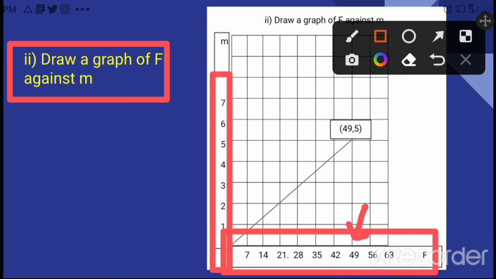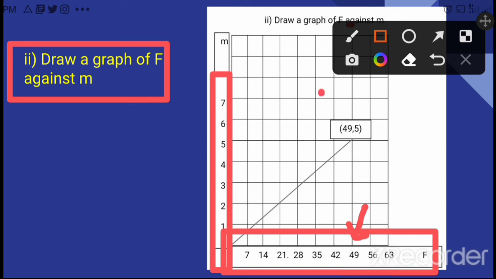In the question, the value of M is given as 5. So we will draw a line starting from the cross point of both axes and ending where these values cross each other.